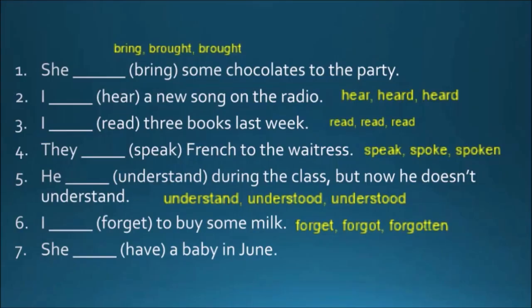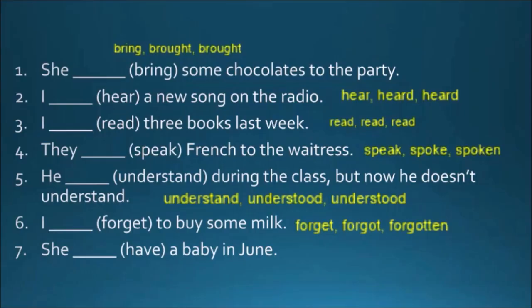She have a baby in June. Now, while I'm recording this, it is July. So June is in the past. It was last month. Our keyword, last month. So we need to change have now to the past.